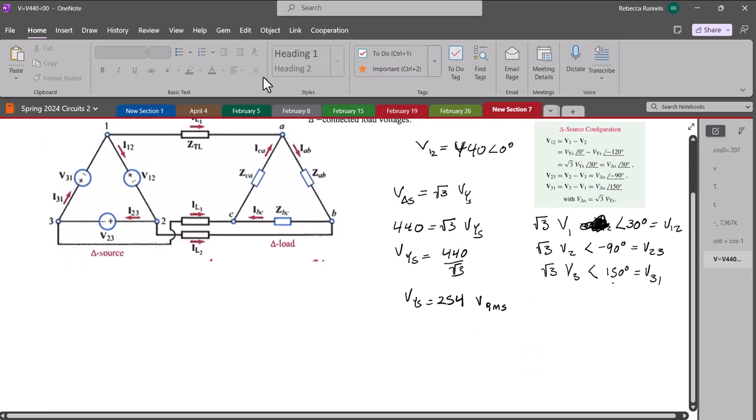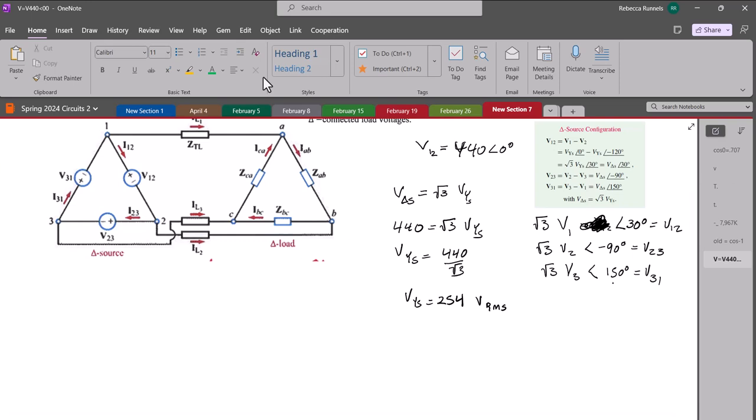And so we have the magnitude. So if I wanted to get an expression for V1, I could say V1 equals V12 over the square root of 3, and then whatever my angle was before, I want to subtract 30 degrees from it.